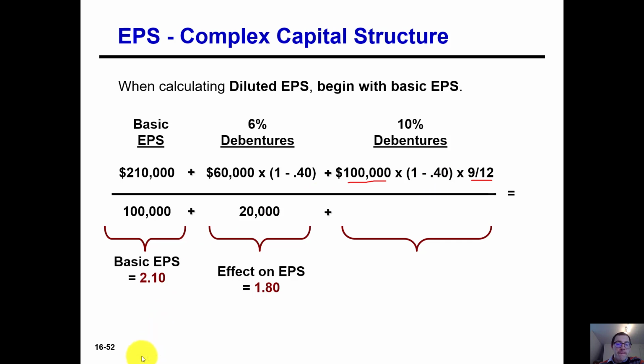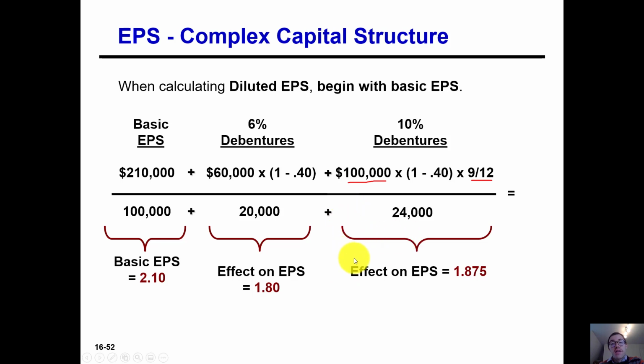Okay? For the same reasons discussed previously. And again, because they converted on April 1st, your weighted average common shares outstanding will go up by 24,000. Remember, that is just the 32,000 weighted by 9/12 of a year.